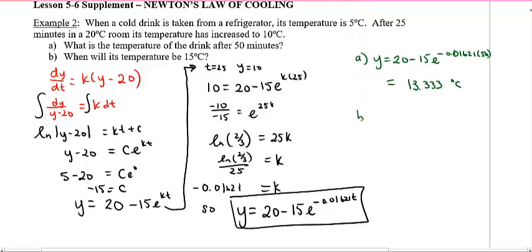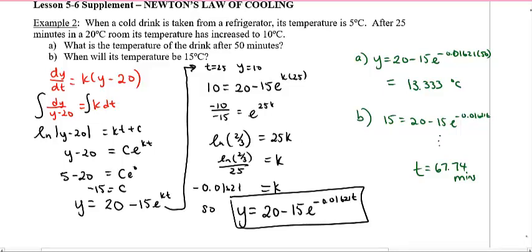For part B, when will it be 15? You just plug in 15 and go ahead and solve. I don't want to write this down anymore, but I'll just say I got something like 67.74 minutes. Okay? And I hope you got those answers too, because if you did, you got this.